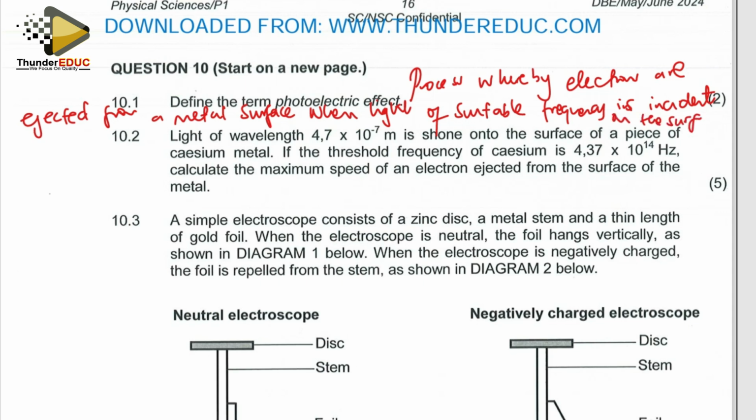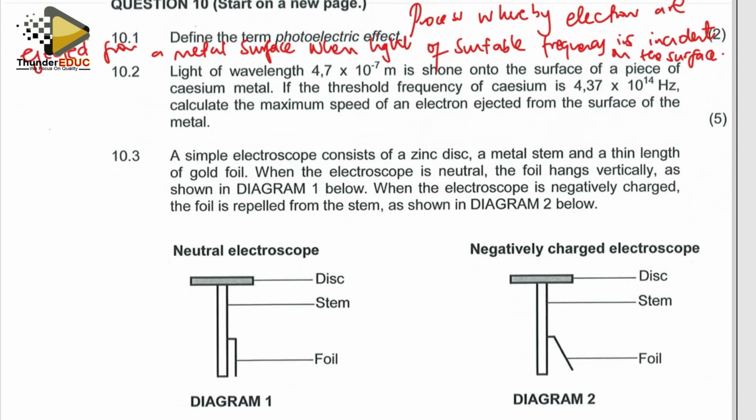When we shine light of required frequency, then electrons will be emitted. That scenario is what we call the photoelectric effect.